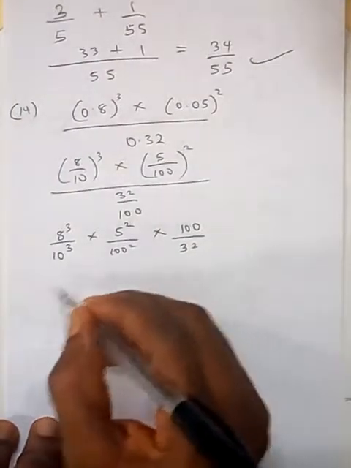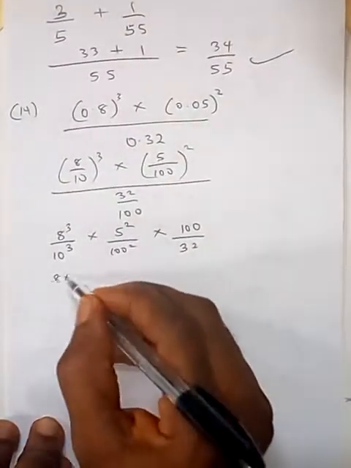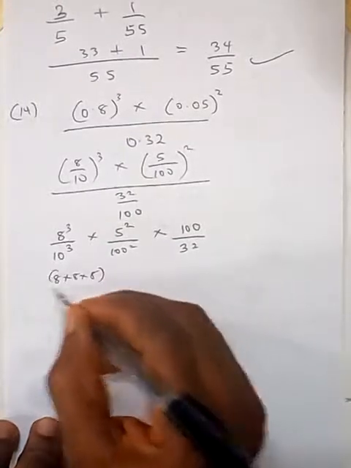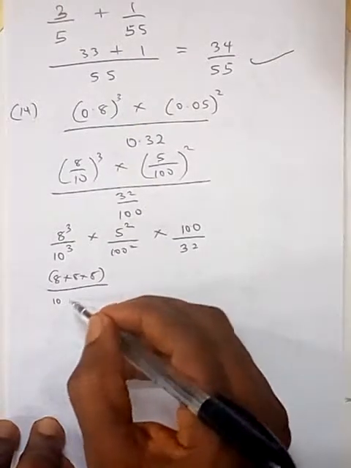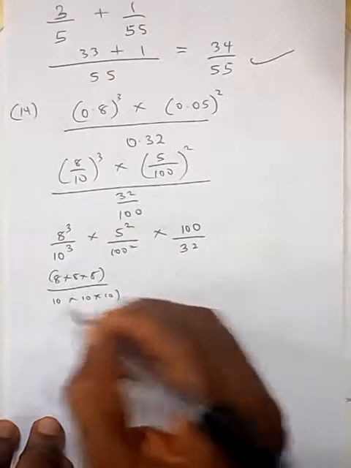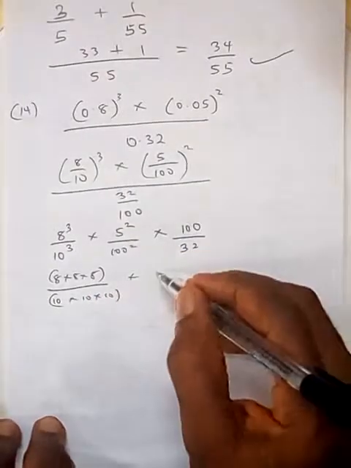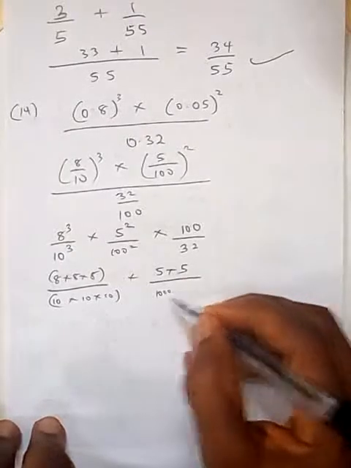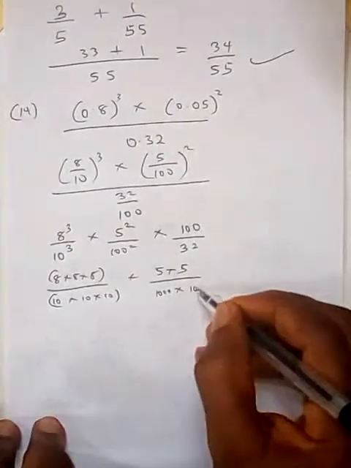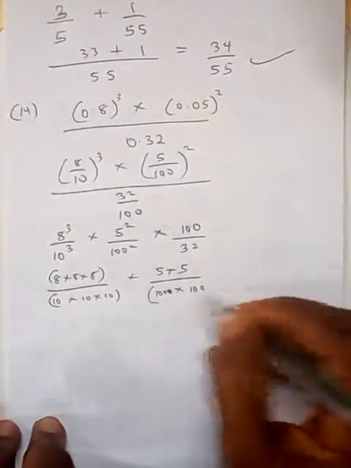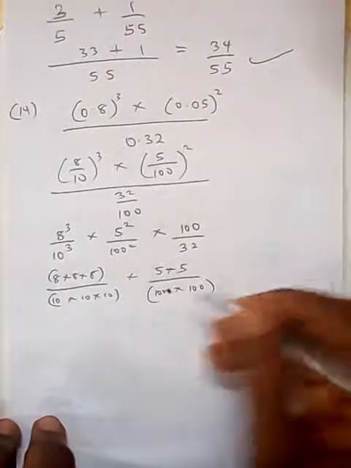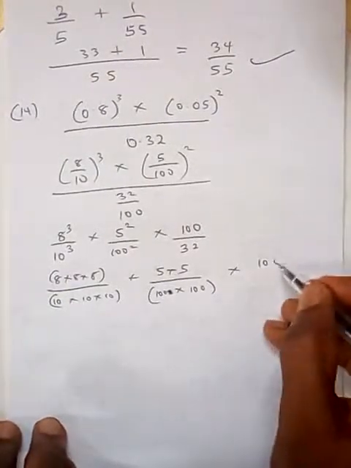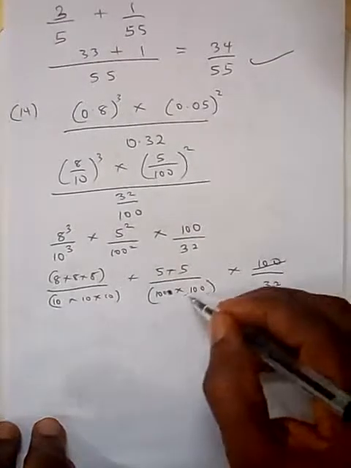This is the same thing as 8 raised to power 3, which is 8 times 8 times 8. Let me write it so you see it over 10 times 10 times 10, times 5 times 5 over 100 times 100, then times 100 over 32. 100 strikes off 100 here.